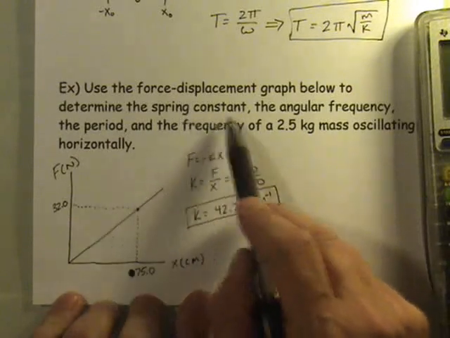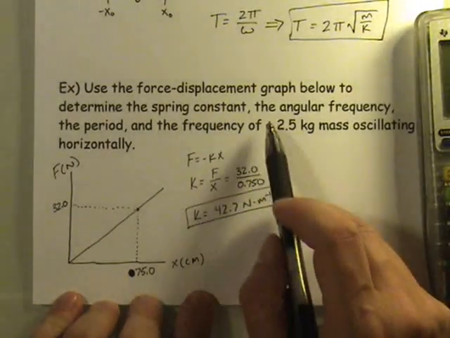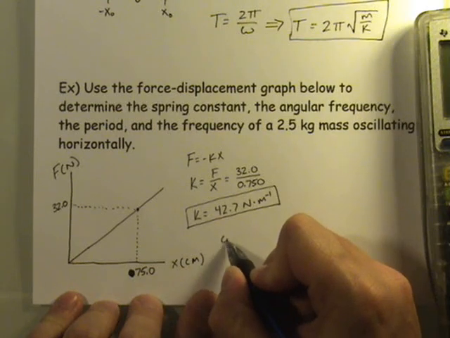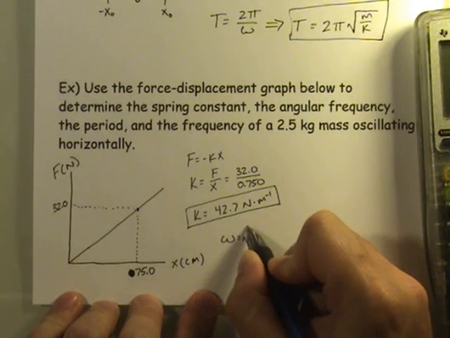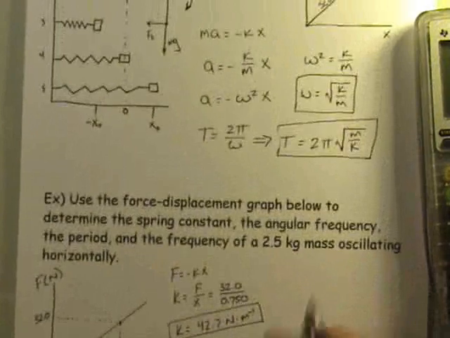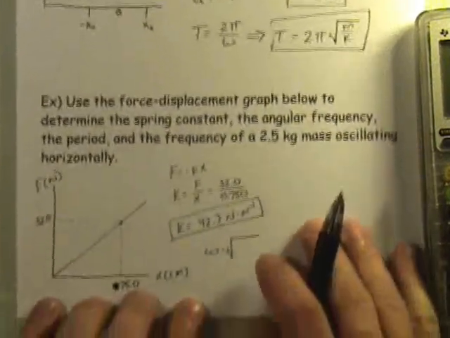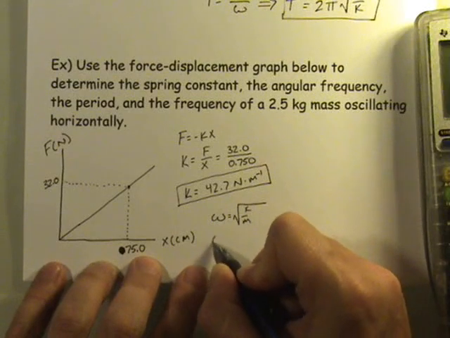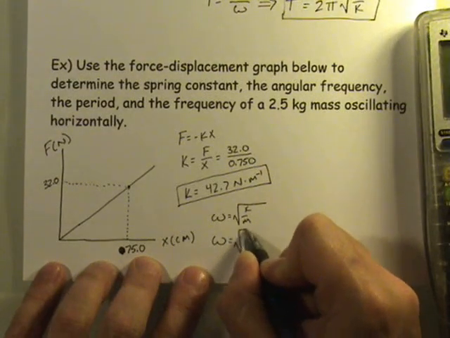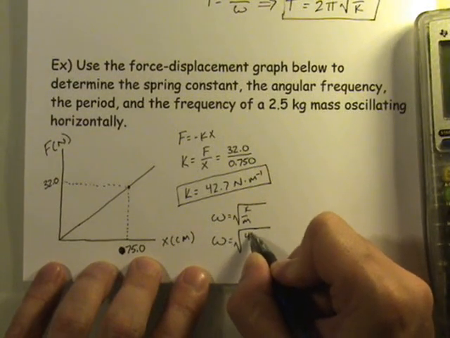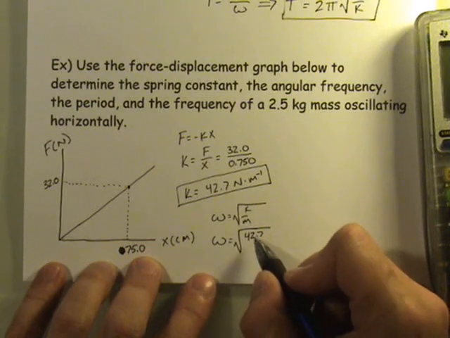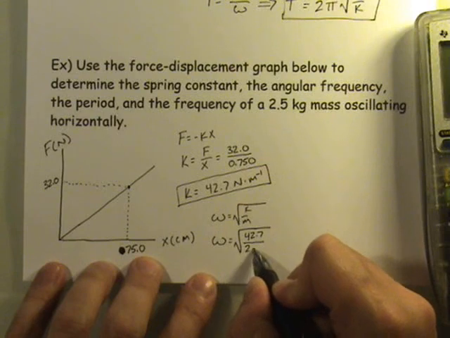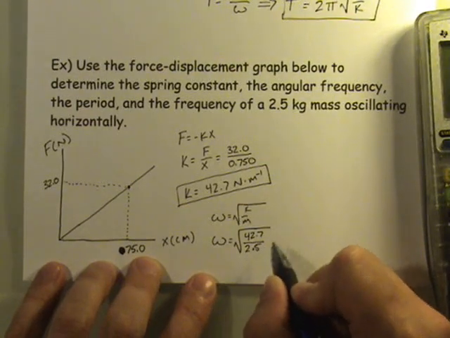So after the spring constant, once we know the value of k, we can then use that to calculate the angular frequency, because in this case omega is equal to the square root of k over m. That's 42.7 divided by the mass, which we were told was 2.5 kilograms.